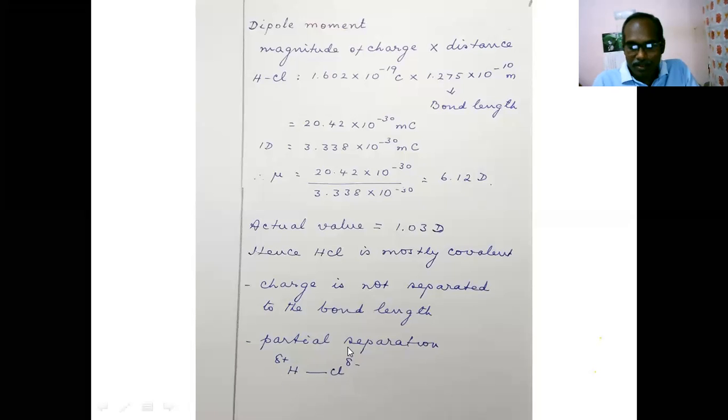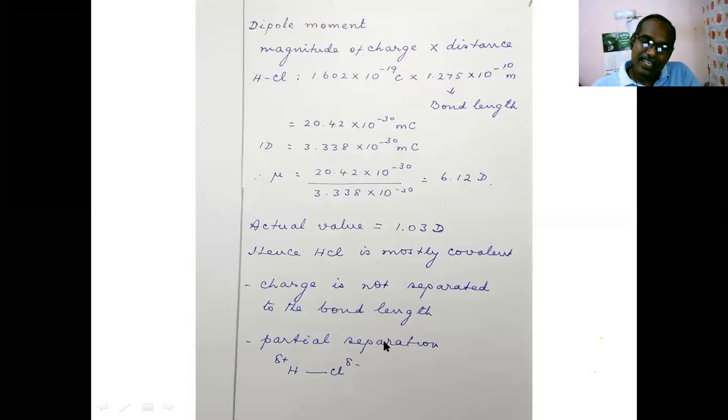So in this molecule, hydrogen and chlorine are not separated. Suppose you dissolve an ionic compound in water, what will happen? Automatically, the ions will be separated due to the dielectric constant of the water. So polar solvents will always try to separate the ions. Therefore, H+ will go to one side and Cl- will go to the other side. But in this case, there is no complete separation of hydrogen and chlorine.